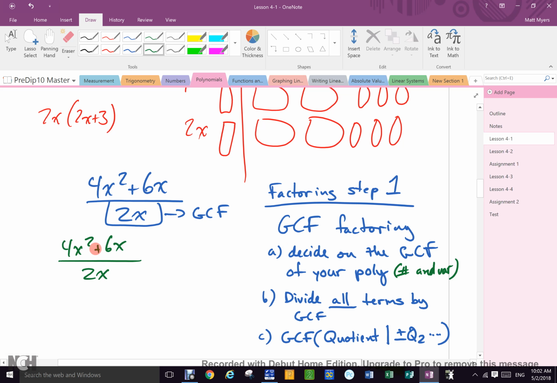Step 2, we divide by our GCF. Step 3, we write the answer. GCF first, then quotient 1. 4 divided by 2 is 2. x squared divided by x is x. 6 divided by 2 is 3. x divided by x is 1, which cancels. Done. Everybody good? Easy peasy lemon squeezy, right?